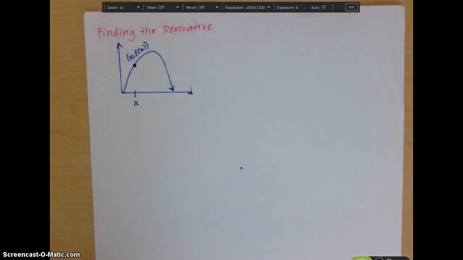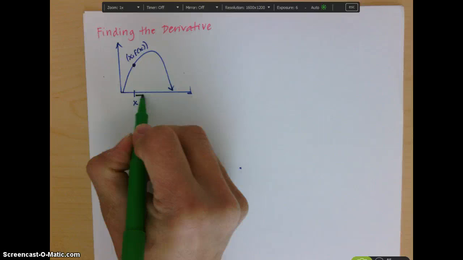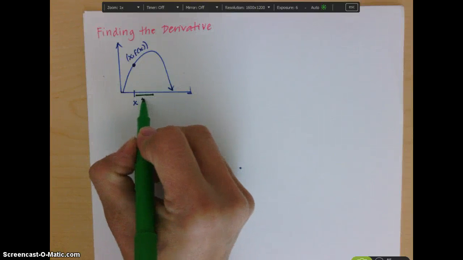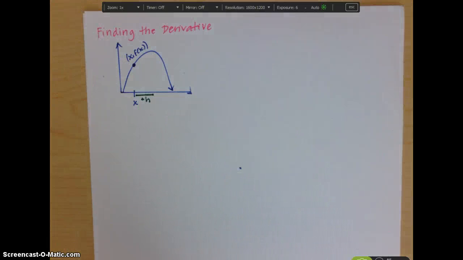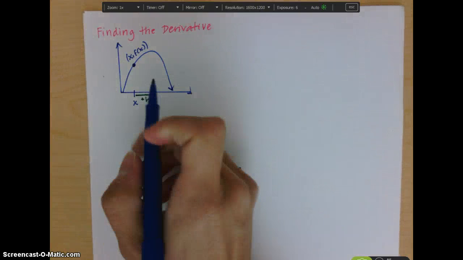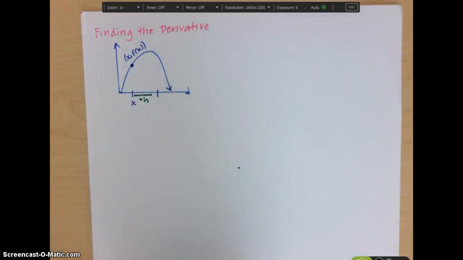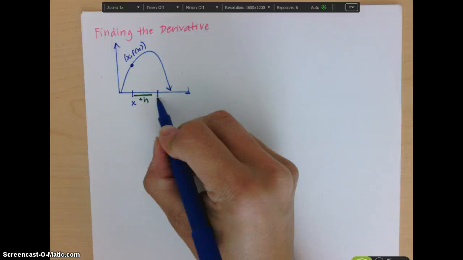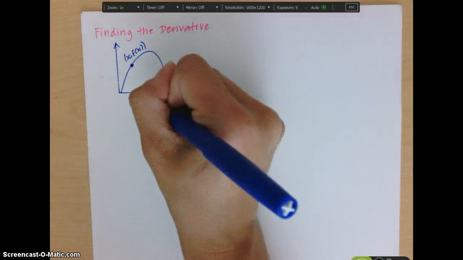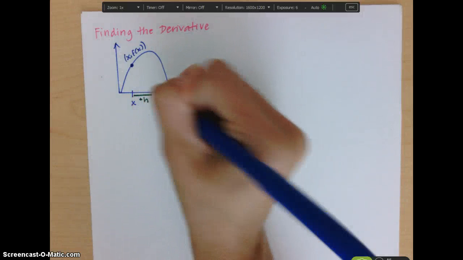Well, what we're going to do is we're going to take x and add some h value. We're not going to specify how many units we are going to add or what h is, but we can add anything to it. So we have an x value and we're going to add h to it, and what that means is that our new value that we've reached here on the x-axis is now x plus h.